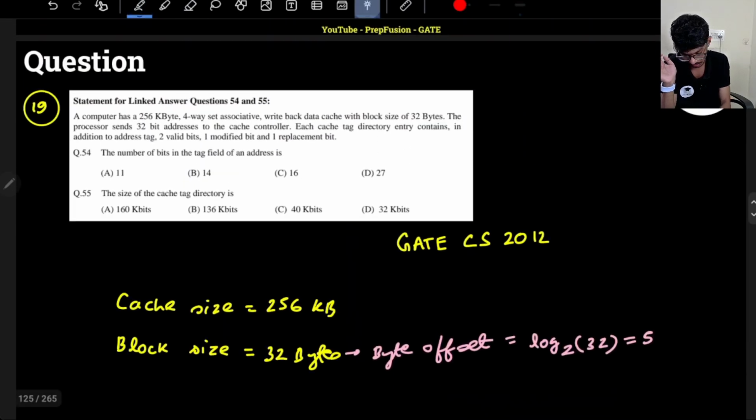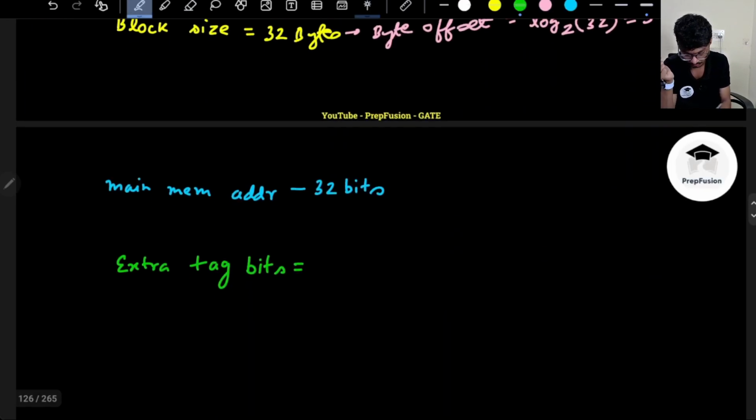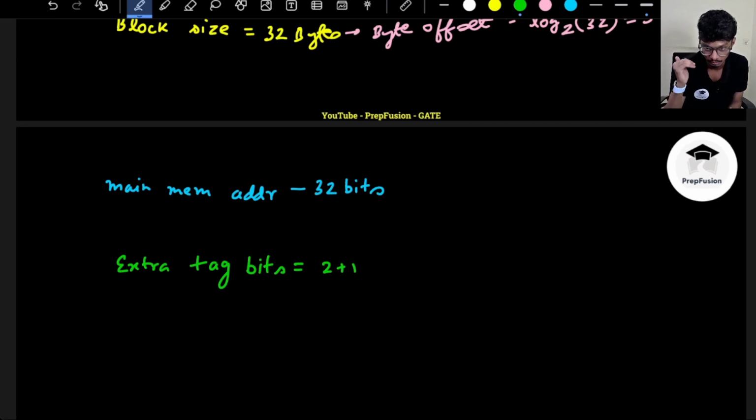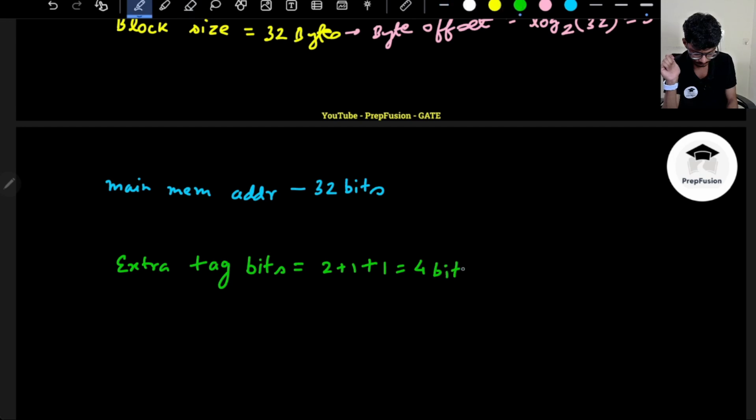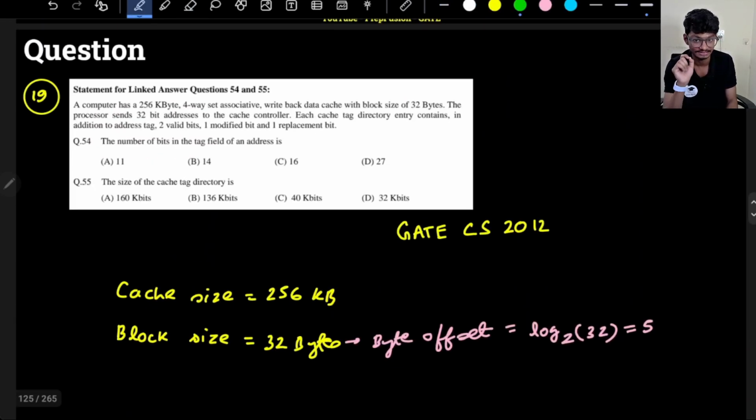Extra tag bits will be two valid, one modified, one replacement, so 2 plus 1 plus 1. You don't have to worry about the functionality of the valid bit or modified bit; whatever they have told you, just write that down and focus on the numericals. So 2 plus 1 plus 1 is 4. I will have to add these 4 extra bits after finding the tag size.